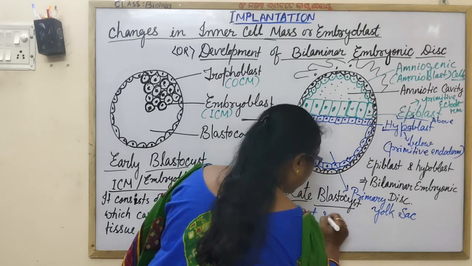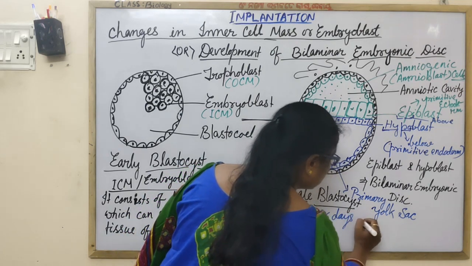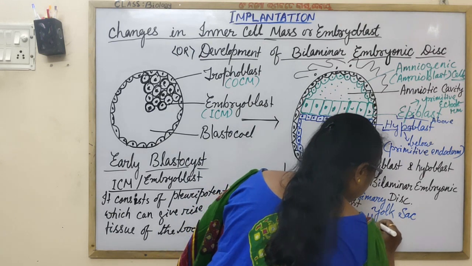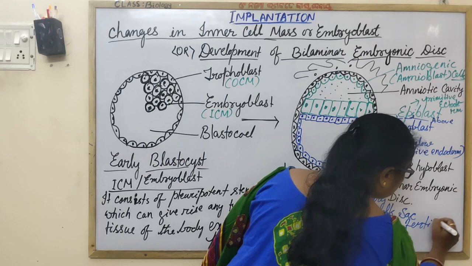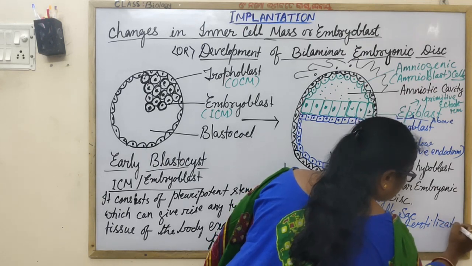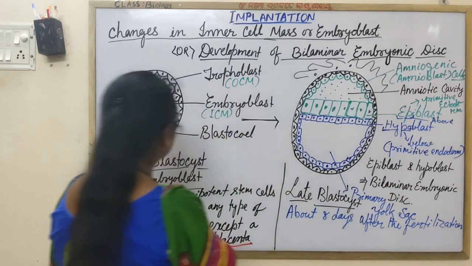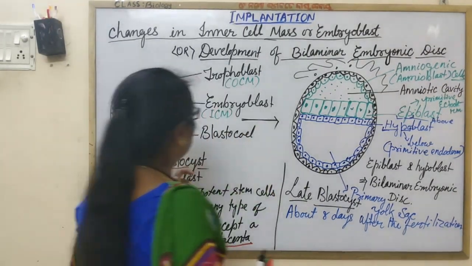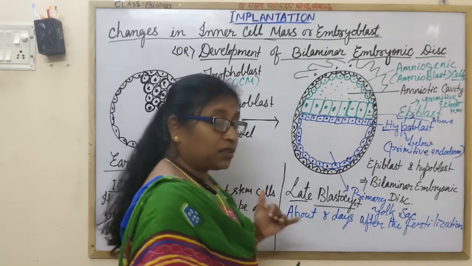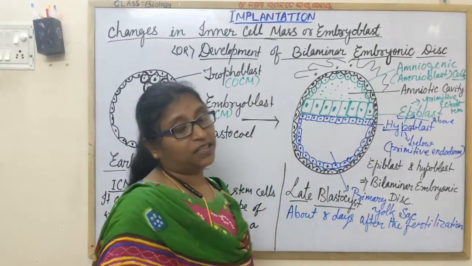This bilaminar disc is developed about 8 days after fertilization. And recall, the early blastocyst is produced about 5 days after fertilization.